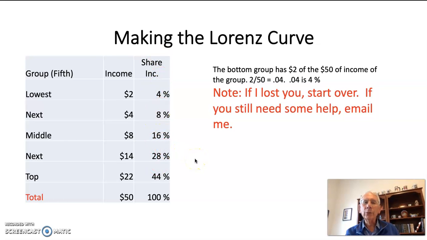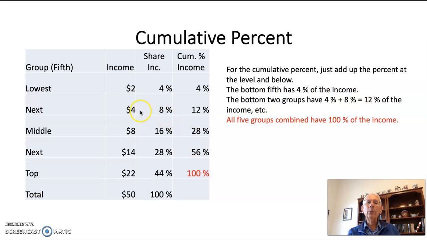Now we're going to introduce another concept that's very important. It's called the cumulative percent. Oh my gosh, that's so frightening. What does that mean, cumulative percent? We just want to know how much income goes to each group and those below it. In other words, the bottom group has 4% of the income.